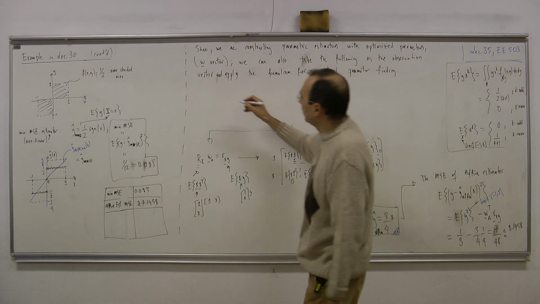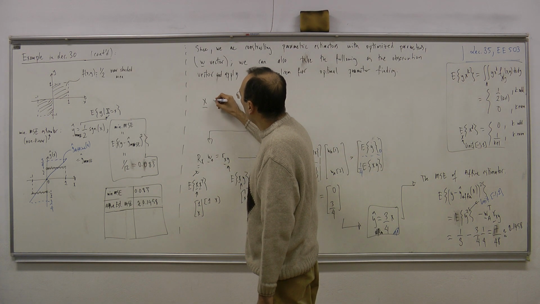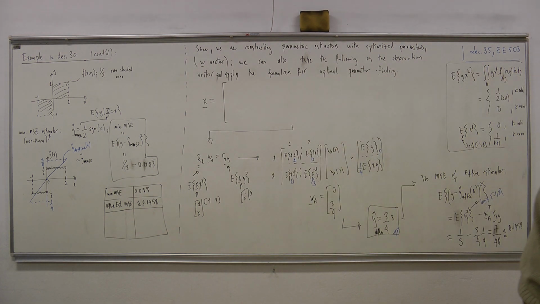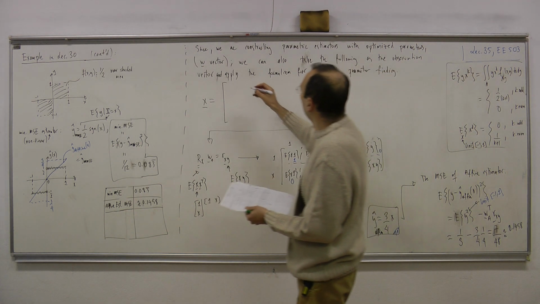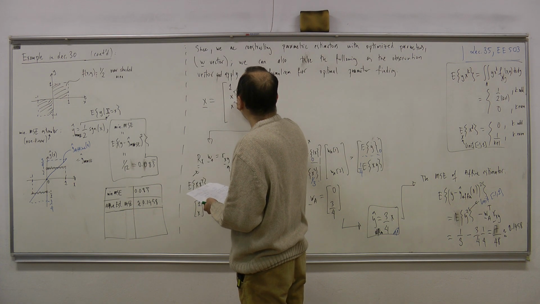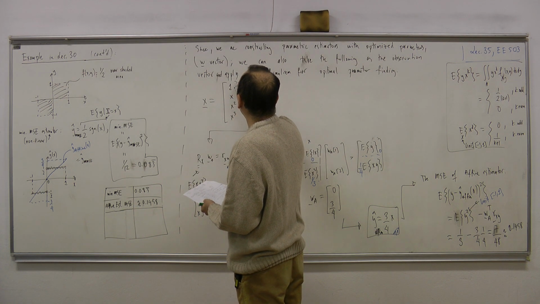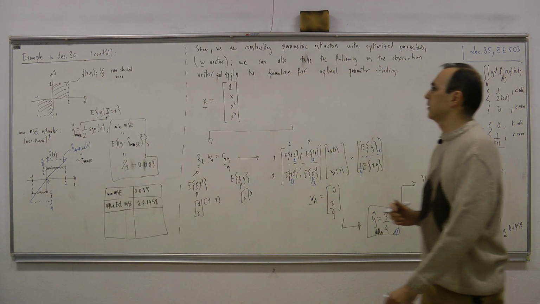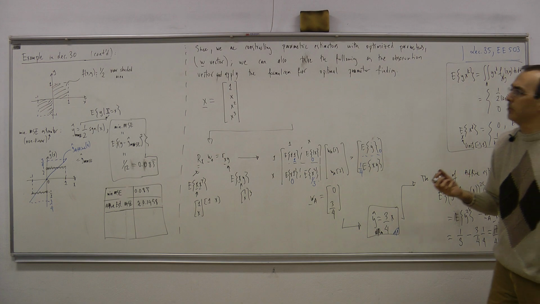So what do I mean by this? Now let me define my x vector like this: 1, x, x square, x cube. Actually, I have only a single variable as observation, which is x.